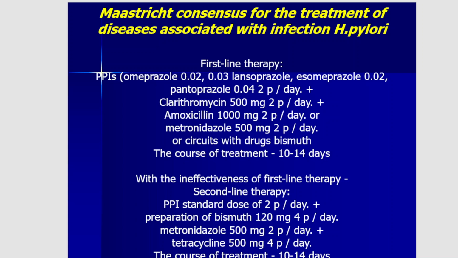If it's a region with a high level of resistant strains of H. pylori, more than 15% in the population, first line may be quadrotherapy with bismuth salts: proton pump inhibitor, bismuth 120 milligrams 4 times per day or 240 milligrams twice per day, metronidazole half a gram 2 times per day, tetracycline 500 milligrams 4 times per day.